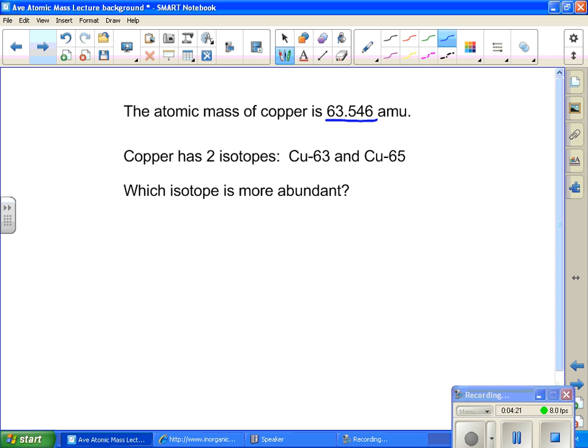Is this value closer to 63? Or closer to 65? Well, it's closer to 63. Therefore, most of the copper isotopes must be the copper 63 isotope rather than the copper 65 isotope. So this one, copper 63, must be more abundant.